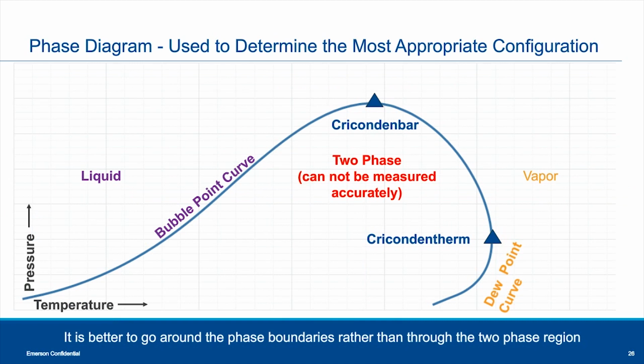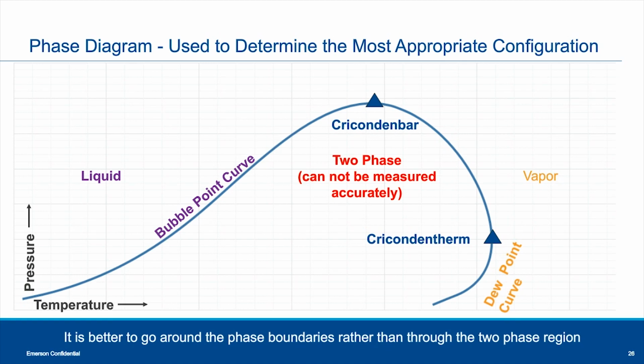So here you'll see a classic phase diagram. On the horizontal, it's temperature. On the vertical, it's pressure. On the left side is your liquid phase. On the right side is the vapor phase. Between those, underneath the curve, is the 2-phase area.